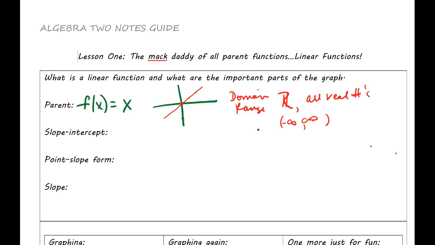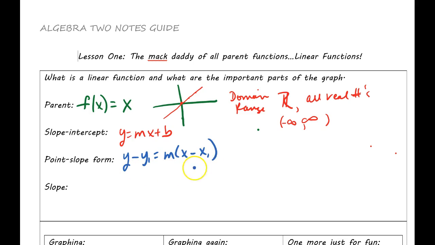All right, slope-intercept form is what most people are used to. y equals mx plus b, where m is your slope and b is your y-intercept, okay? And point-slope form is one that you may not have used as much, but if you plan on taking calculus later on down the line, this is a really good one to know. y minus y1 equals m times x minus x1.